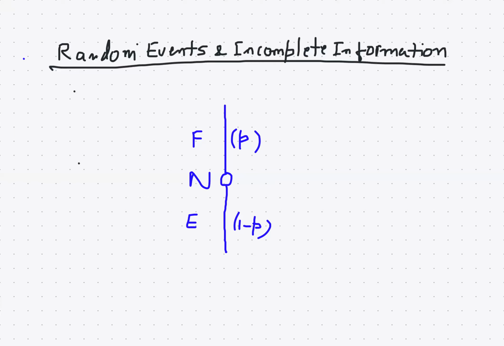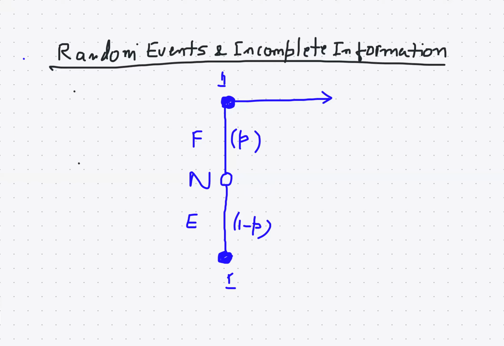This is player one's node, depending on the type. Player one likes to give, let's say, gifts to player two. Both types of player one, whether friend type or enemy type, like to give gifts.